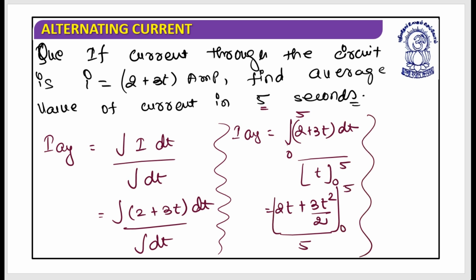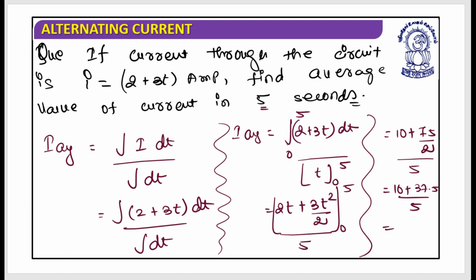So this will be 2 into 5, which is 10, plus 3 into 25, it's 75, divided by 2, all divided by 5. So this is equal to 10 plus 75 by 2, which is 37.5, divided by 5.